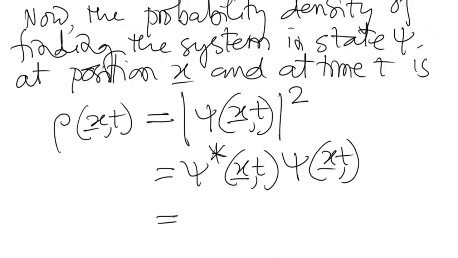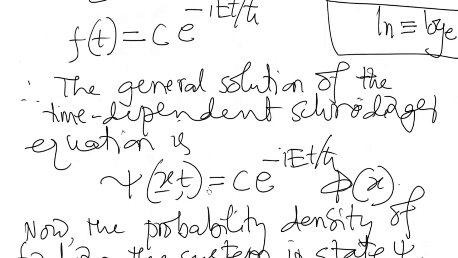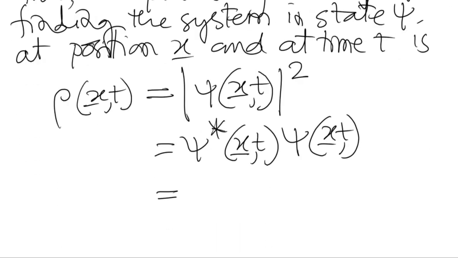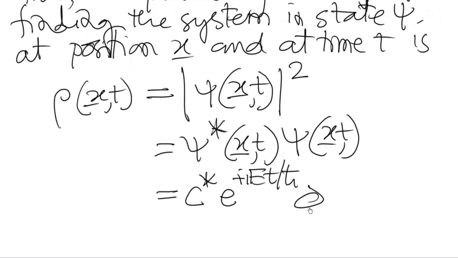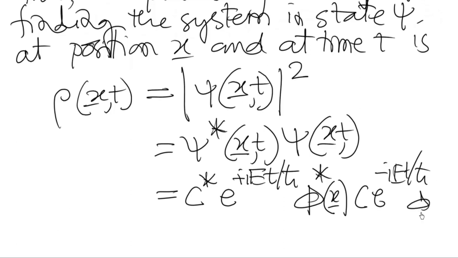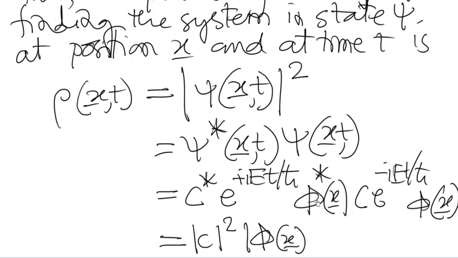So if we take psi star of this, star means complex conjugate, then we'll have the complex conjugate of c, and this one will be to the power plus iEt by h cut, and complex conjugate phi. So it will be c star e to the power plus iEt by h cut phi star, and this one is c e to the power minus iEt by h cut phi of x, which is written as modulus of c squared and modulus of phi of x squared, because we have phi star and phi.